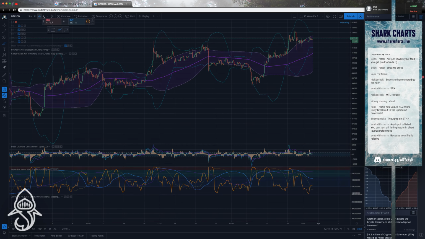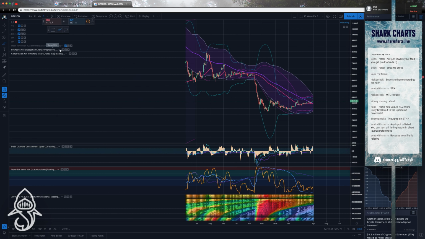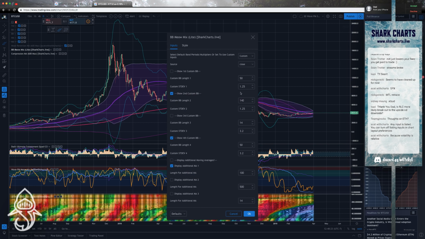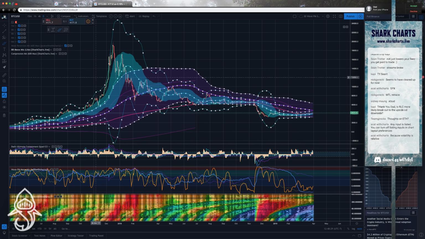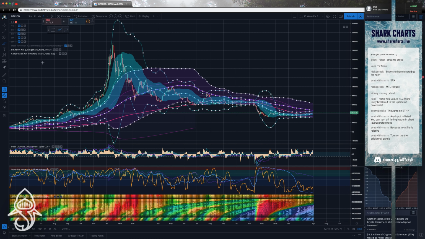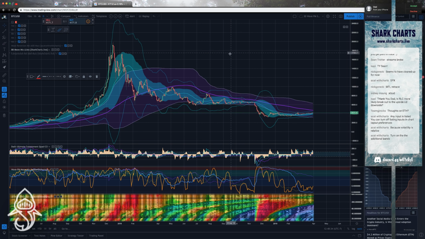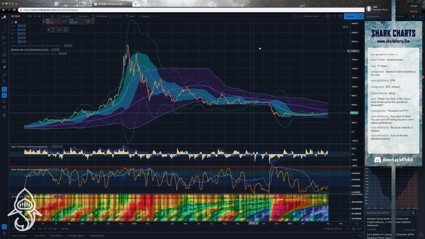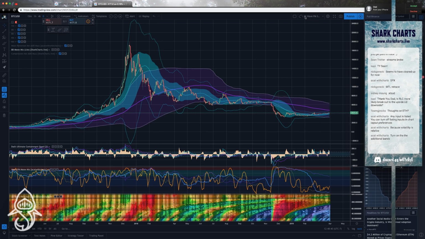Anyway, let's just go to the daily and put some settings that I actually want to use here. 50, 200, show, okay. And then we're gonna hide this, and then we're gonna save it. Whew, been a while since I updated this chart template. Turn on the additional bands.